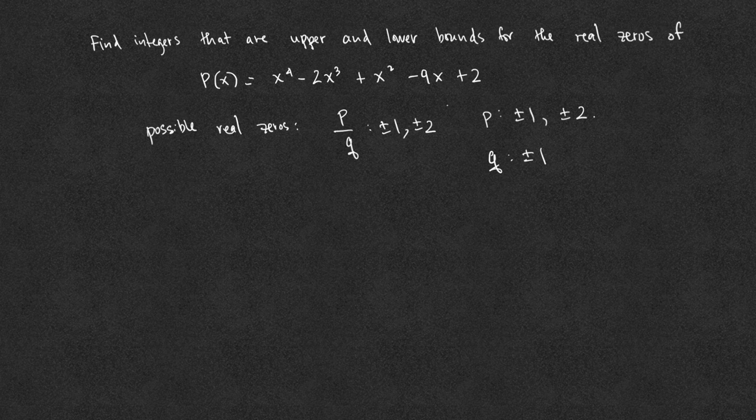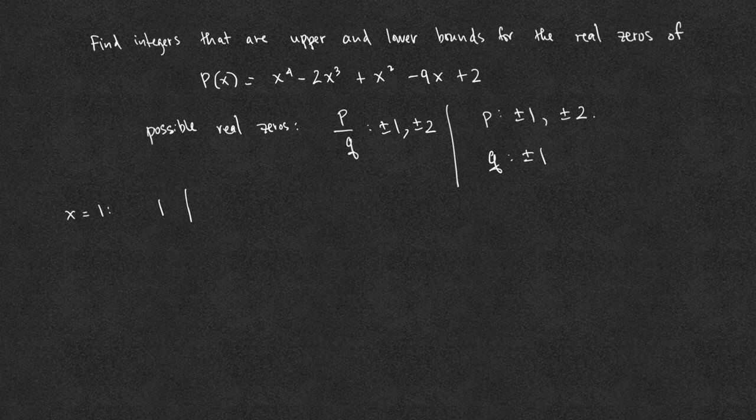or minus 2 only. Next, we pick a number on that list and perform synthetic division to check to see if it is indeed a zero. k is 1.